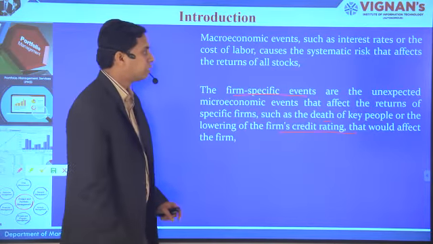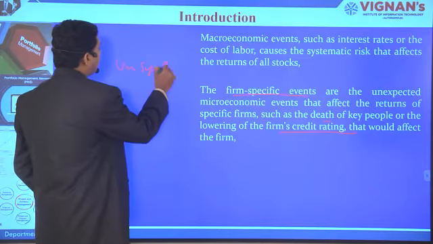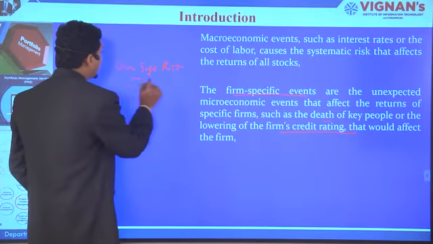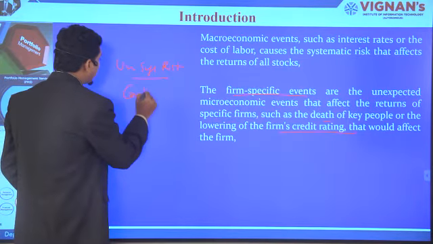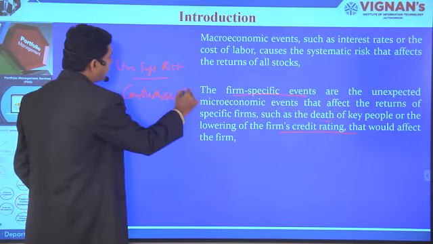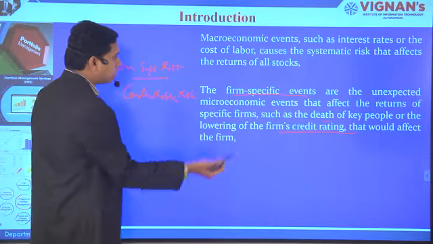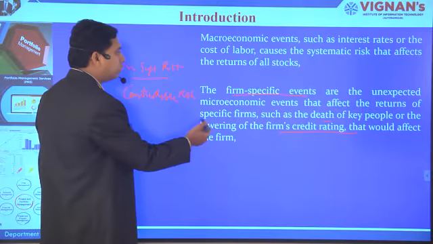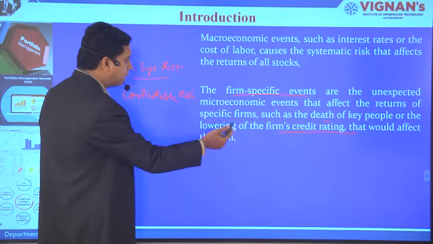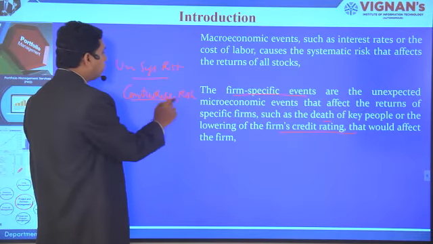And people say that this unsystematic risk is a controllable risk. So why is it a controllable risk? Because the board of director change, or the firm's credit rating, all of these can be controlled by the firm.